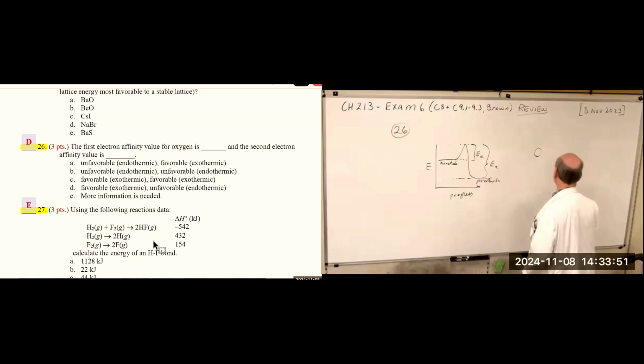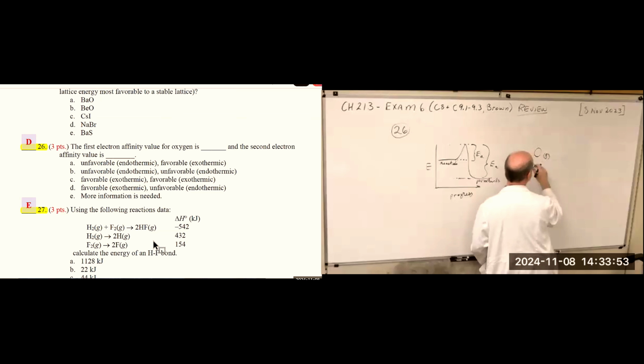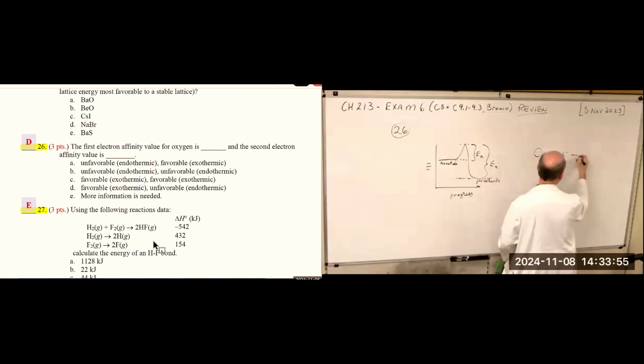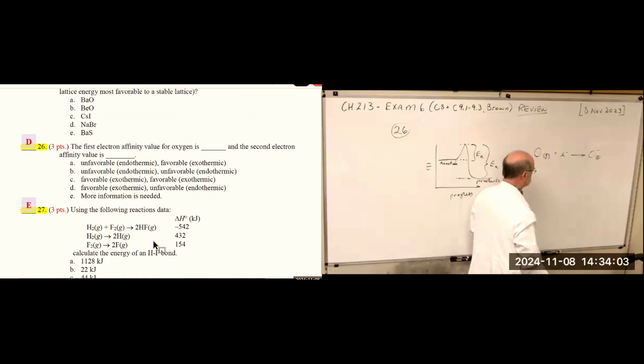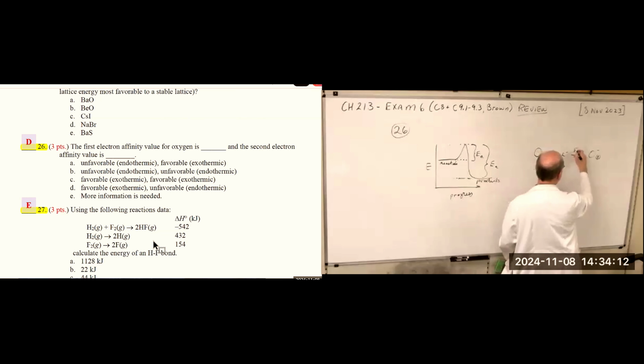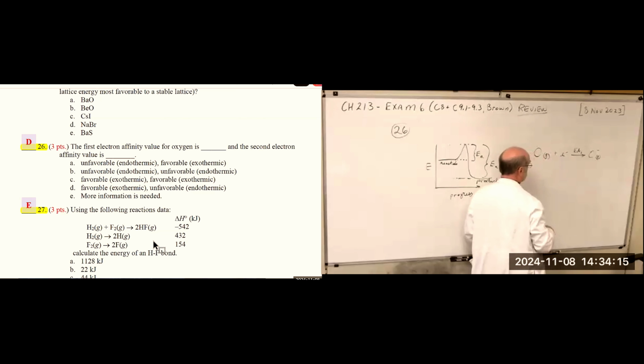remember how we write electron affinity? This is a gas neutral atom. It picks up an electron and makes a gas with a 1- charge. That's the first electron affinity. It's going to give up some energy because that oxygen is looking for another electron. It has 8 protons.